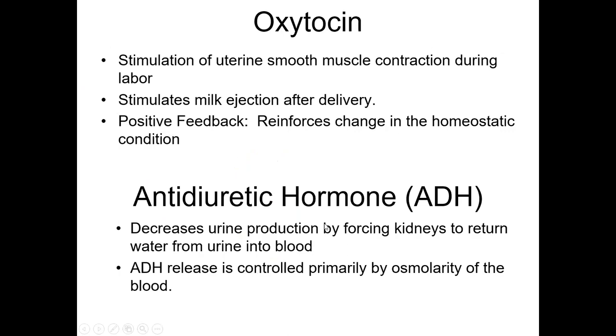And antidiuretic hormone is responsible for absorbing water from urine into blood, and that decreases urine production and urine volume, and this is why it's called antidiuretic hormone. We'll talk about this a lot in the urinary chapter. The saltiness or osmolarity of the blood is a major factor that controls antidiuretic hormone release.